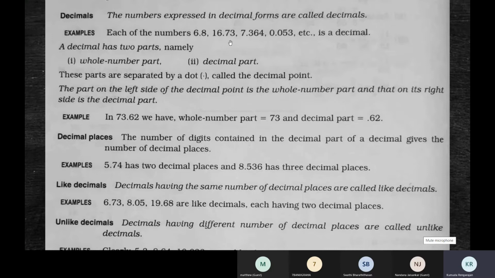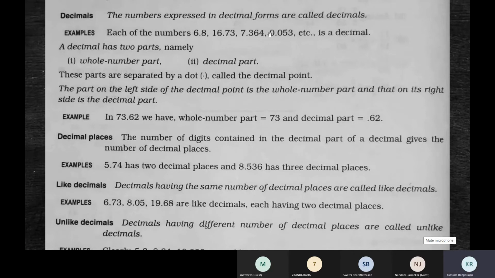So the number of digits after the decimal point represents the number of decimal places. See here, after the decimal point we have 364, three digits. So this decimal has three decimal places.